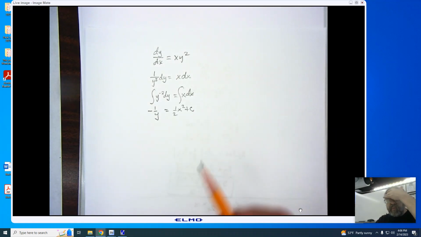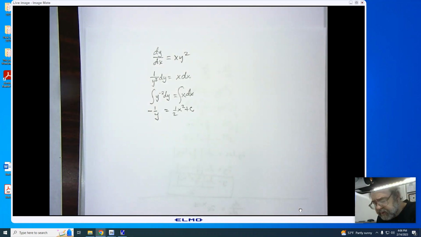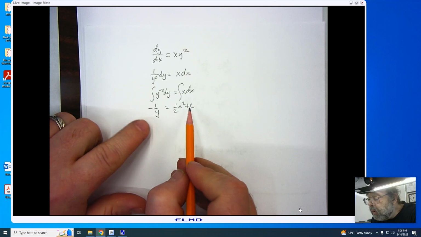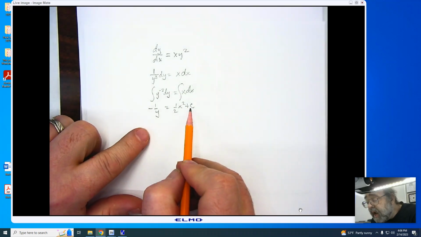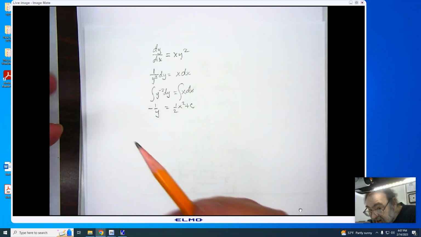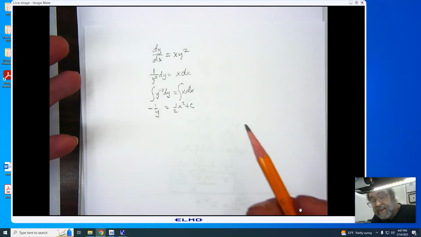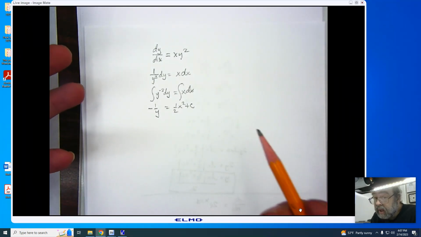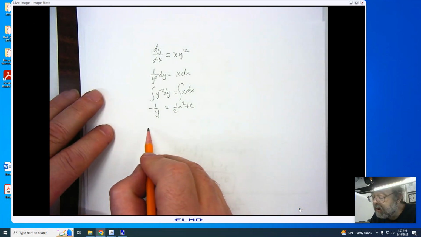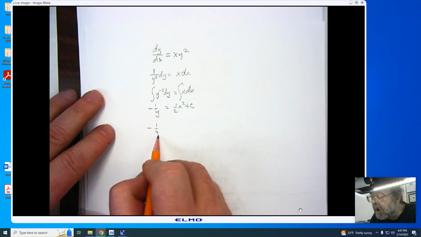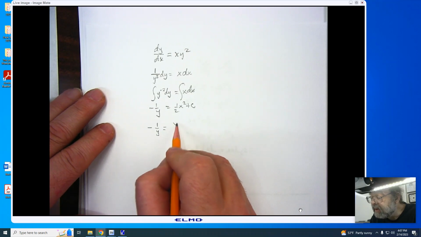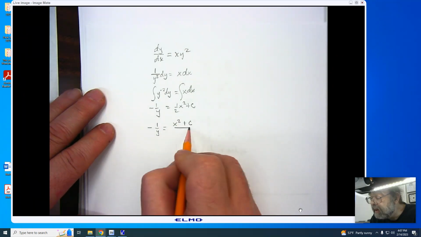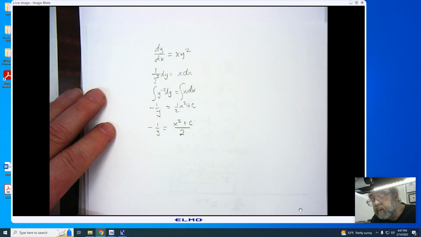And now this is where we start to get a little bit interesting. In order to get a common denominator, I have to multiply my constant by 2. But if I have a constant and I multiply it by a scalar of 2, it's still a constant. So what we're allowed to do is say negative 1 over y is equal to x squared plus c divided by 2.